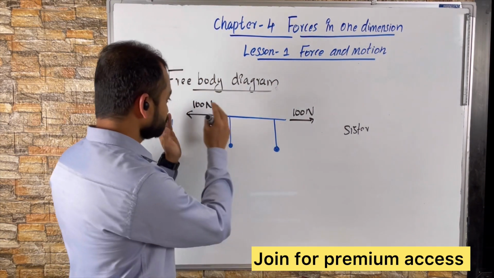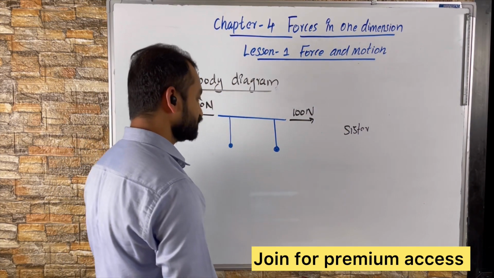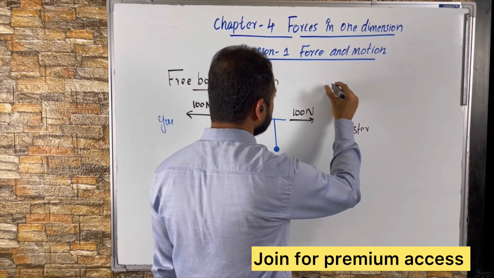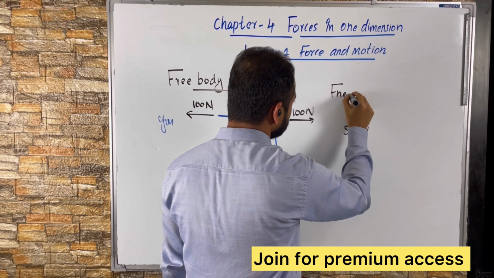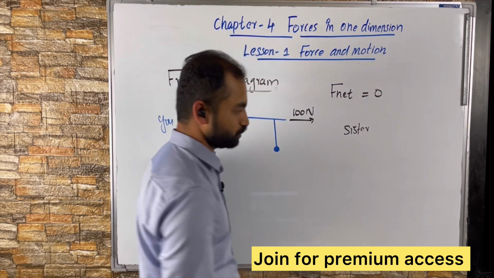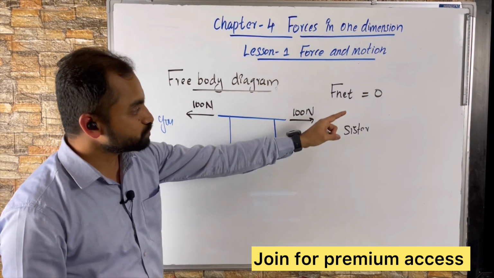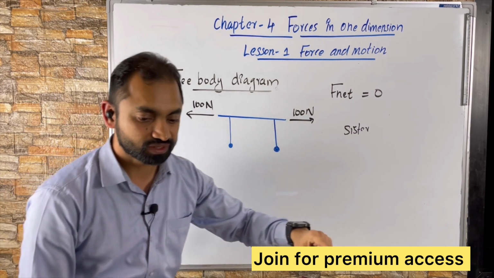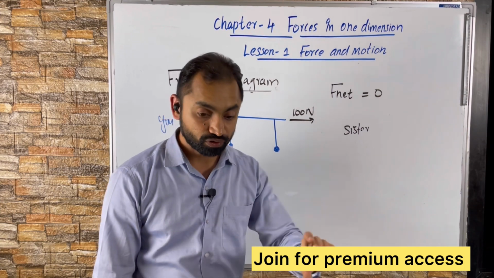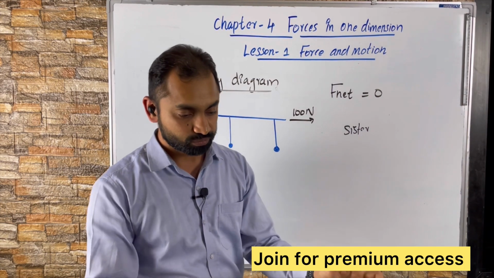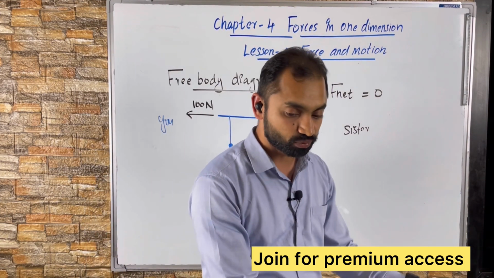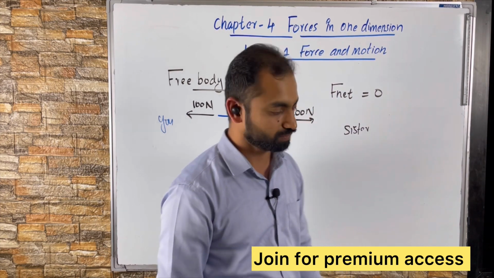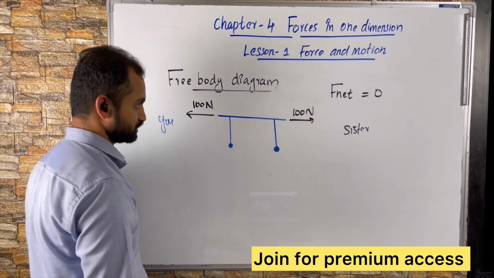This 100 Newton and this 100 Newton will be cancelled. So net force becomes equal to 0. That is why the table is not moving. The table will move if there is a net force acting. Every object at rest will start moving if there is a net force acting. Here there is no net force acting.